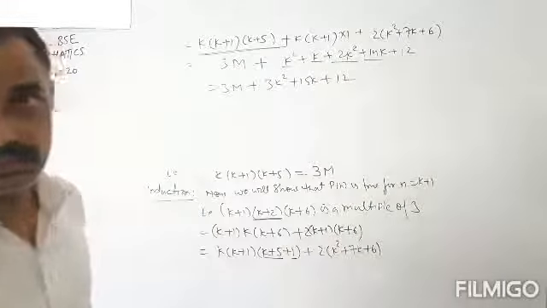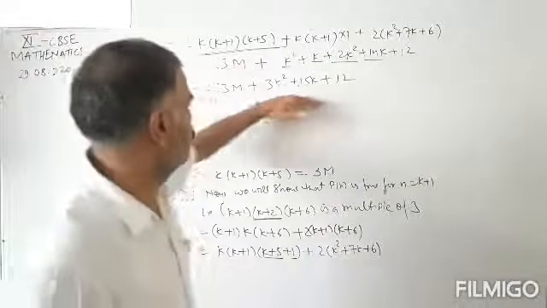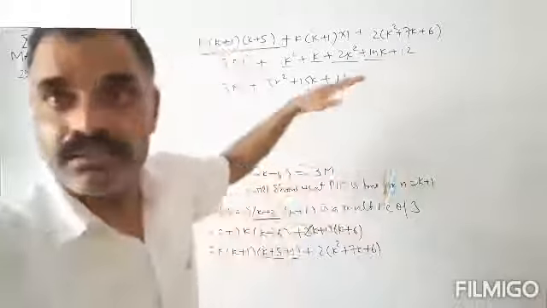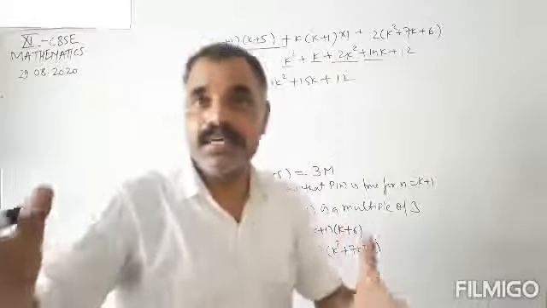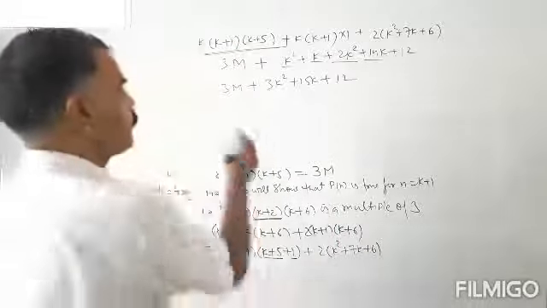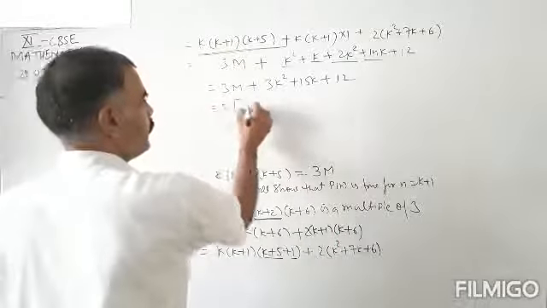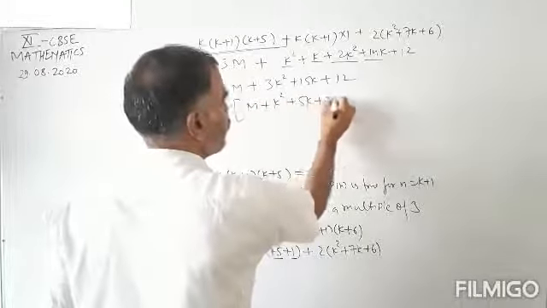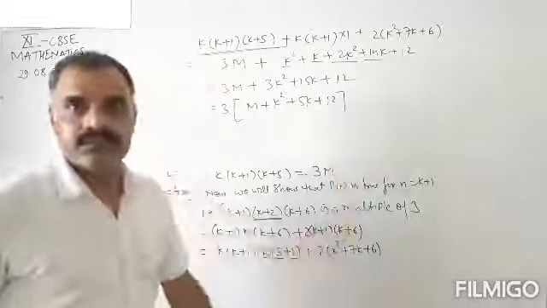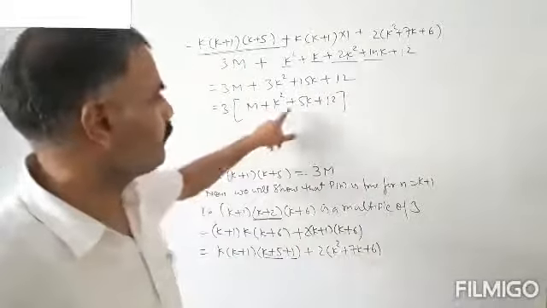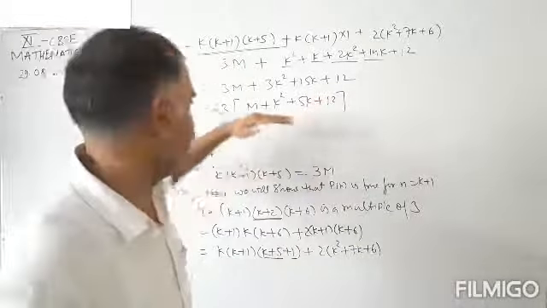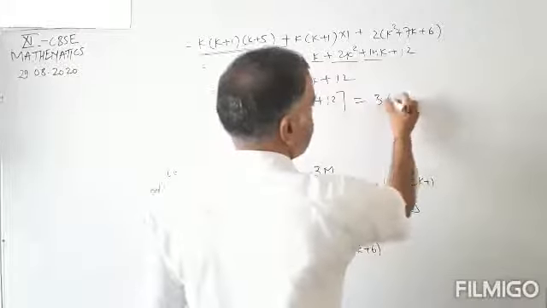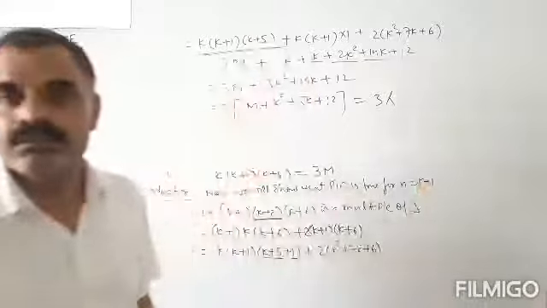Now from this expression we can take 3 as common. Taking 3 as common, m plus k square plus 5k plus 4, and this is equal to lambda. So totally this is equal to 3 into lambda.